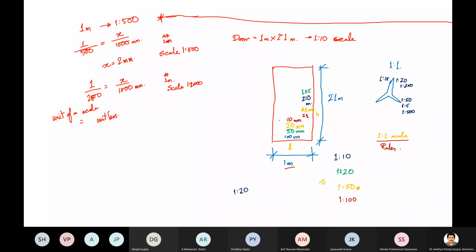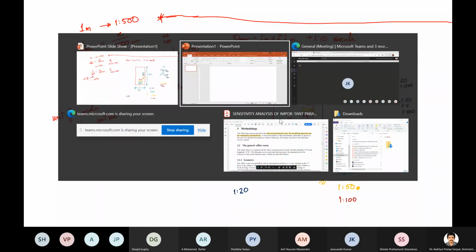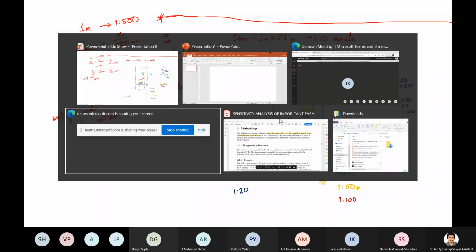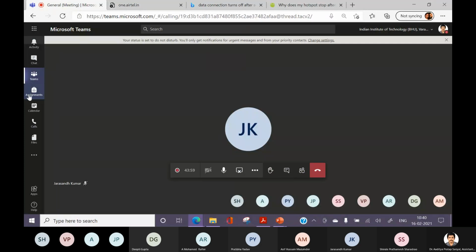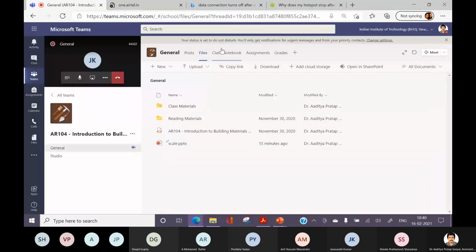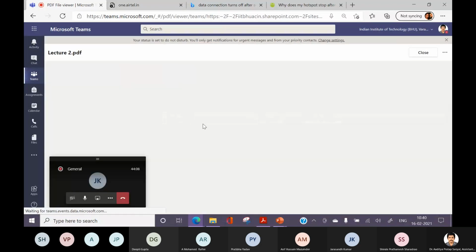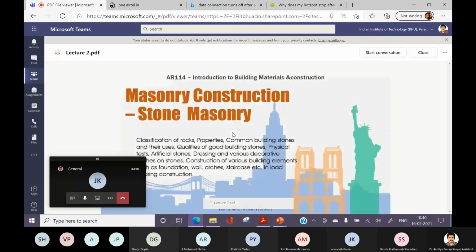Whenever we are going for the smaller scale, you remember in our PPT in class, I had mentioned about the different scales. Is the class lecture visible on the screen? Yes, sir. Just a minute.